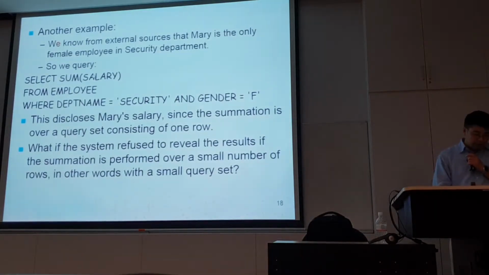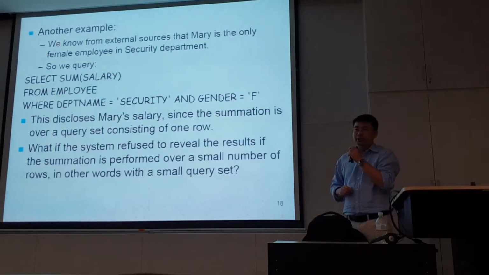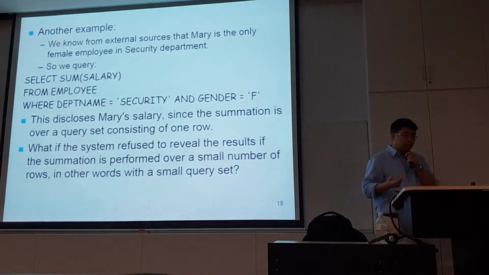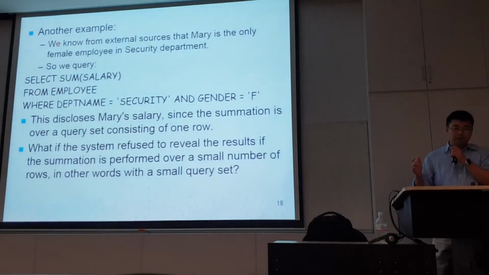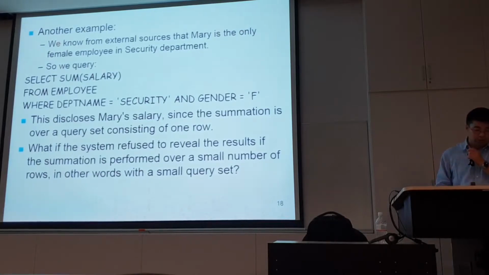In this way, we can prevent this kind of trivial attack. It is trivial because if you know there is only one record, or only a few records, then you can obtain the information trivially.